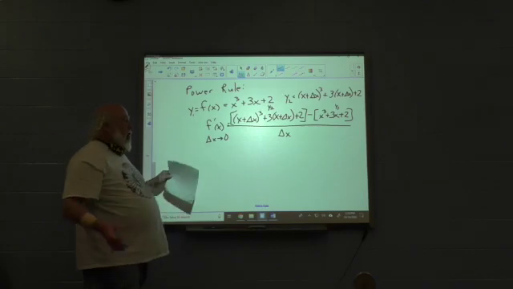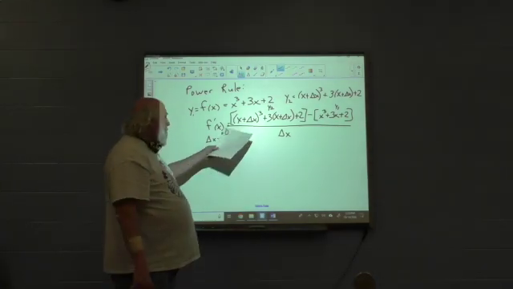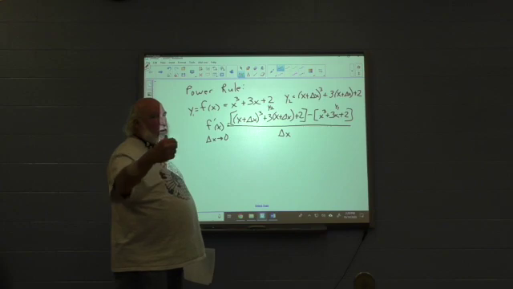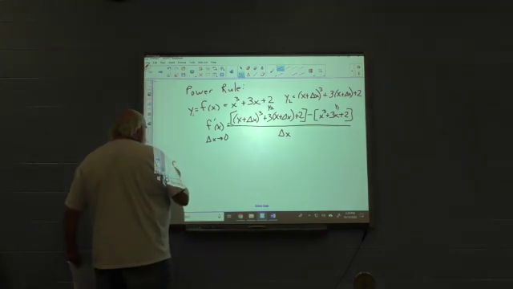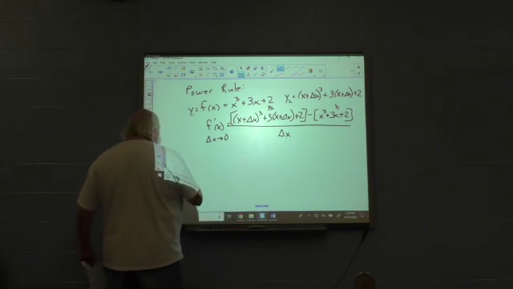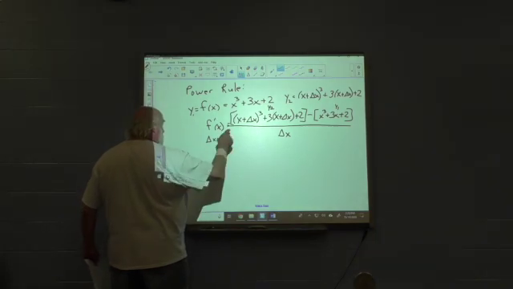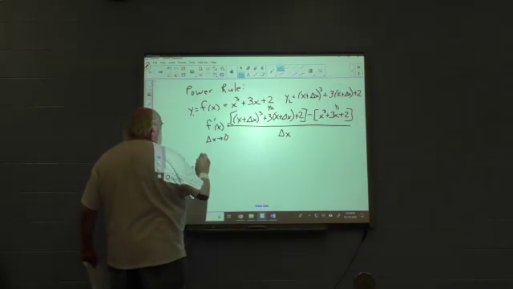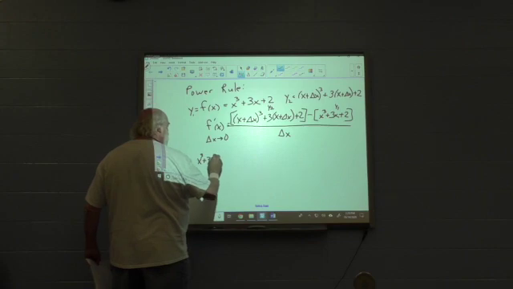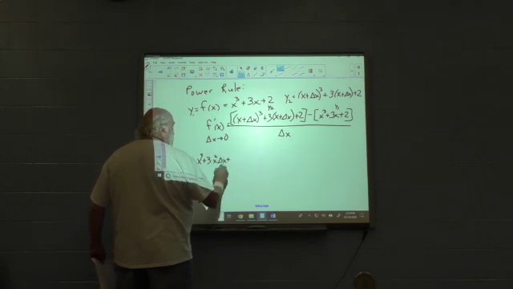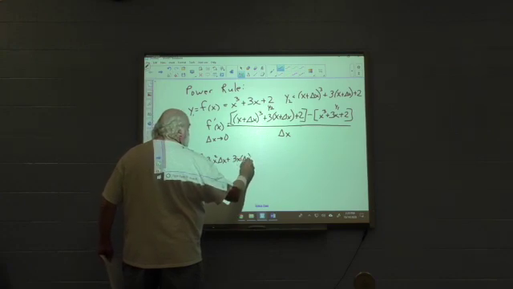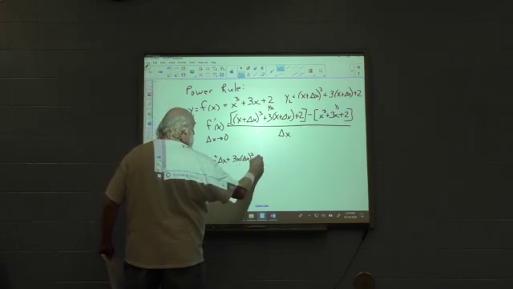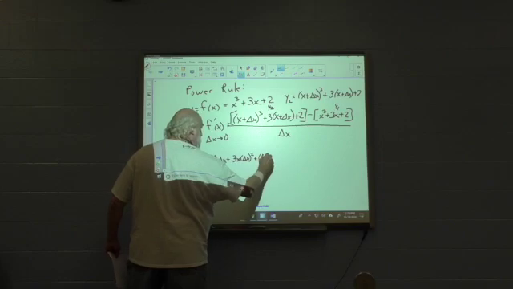So we've got a lot of mathematical manipulation to go through. This is a cube, so the coefficients are 1, 3, 3, and 1. So f prime of x as delta x approaches 0 is going to equal, this becomes x cubed plus 3x squared delta x plus 3x delta x squared plus delta x cubed.